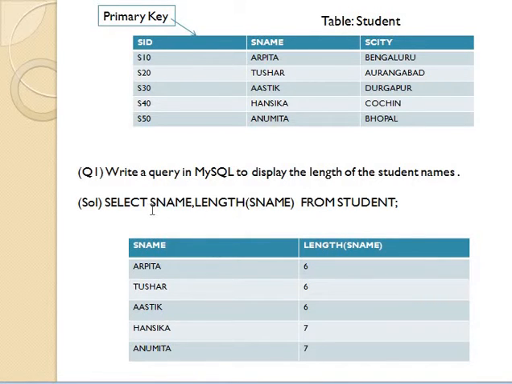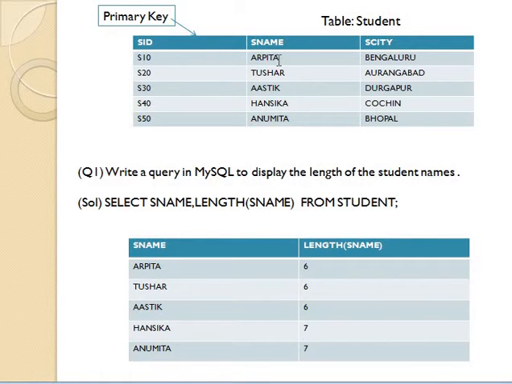Then the second part of this SQL query uses the LENGTH function to display the length of the entries of the column SNAME. For each of these entries, the length shall be calculated using this LENGTH function.